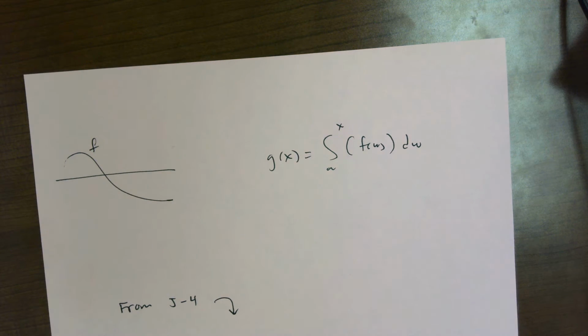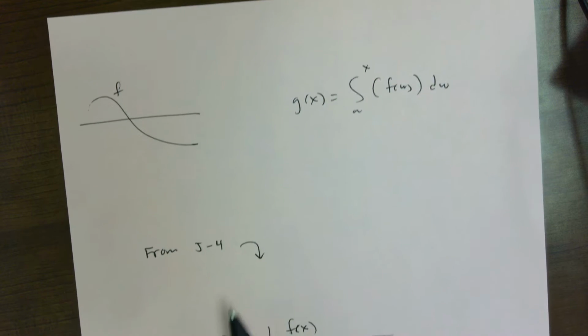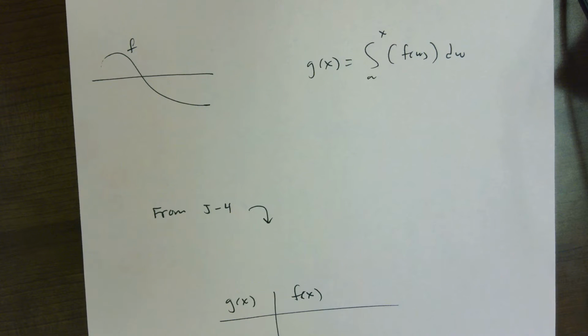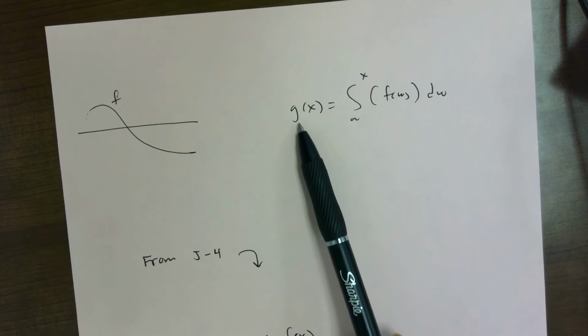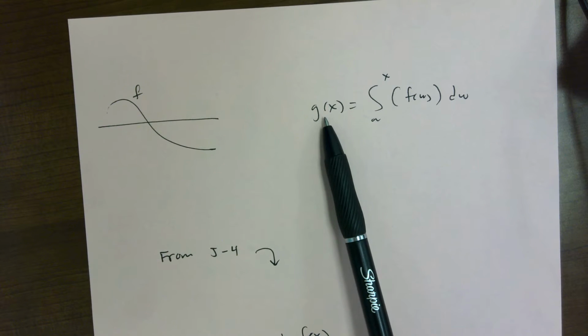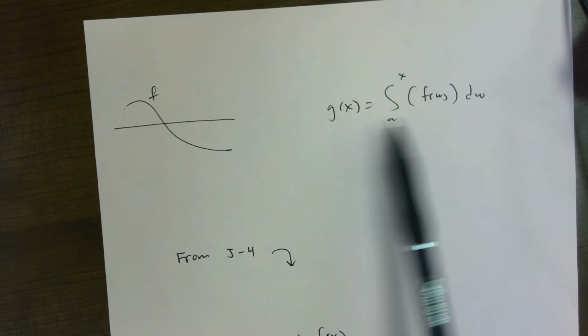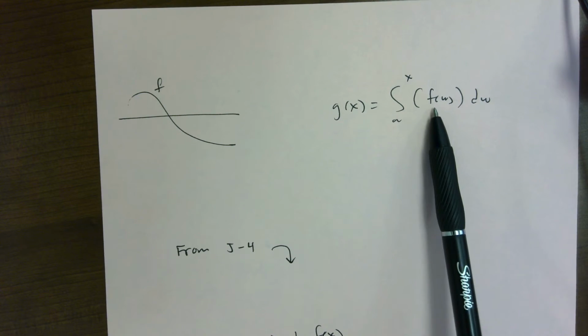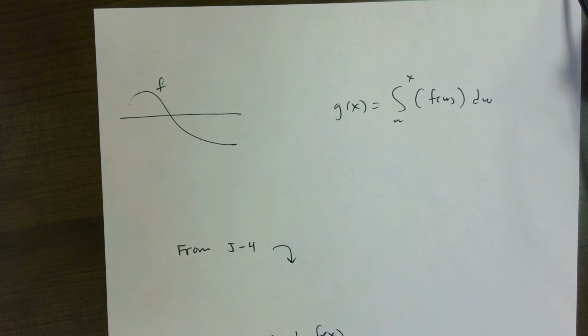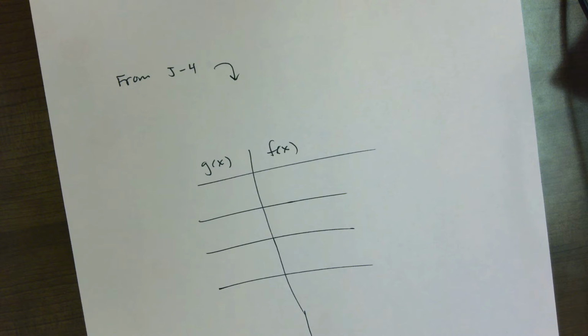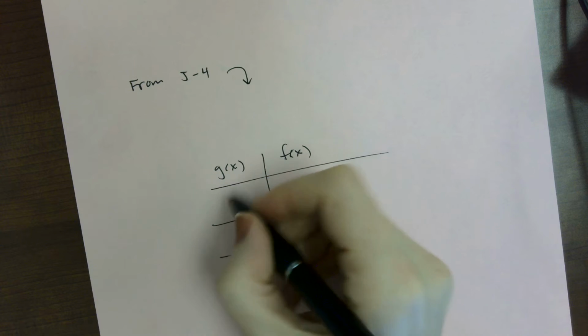And guys, I want to just talk about something real quick. So for J4, which was the last lesson, we had these accumulation functions, and then we had the graph of the input of the accumulation function off to the side. And then we were asked questions about when G was increasing or decreasing.